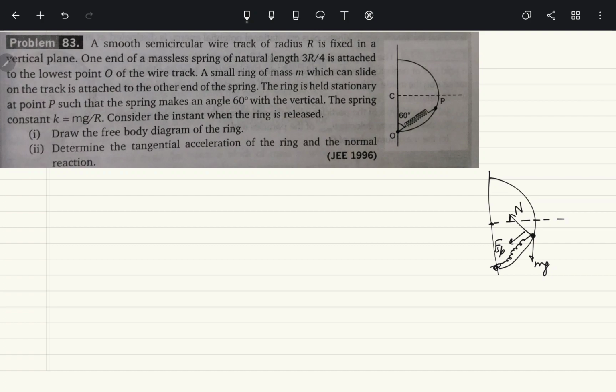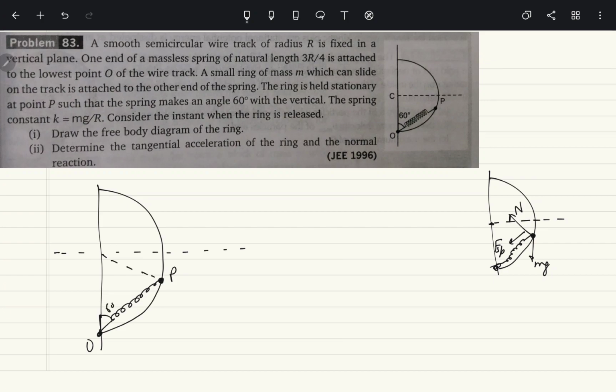For that, let's draw the diagram again. That's a semicircle. There's a point O, there's a point P, and there's a spring here, which is held stationary. The P is the ring basically. Now this angle is 60.